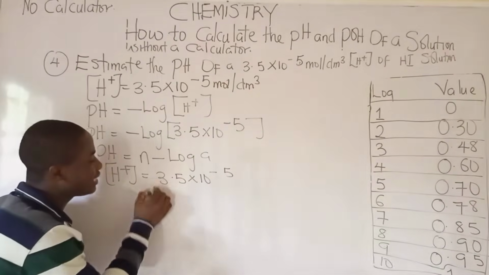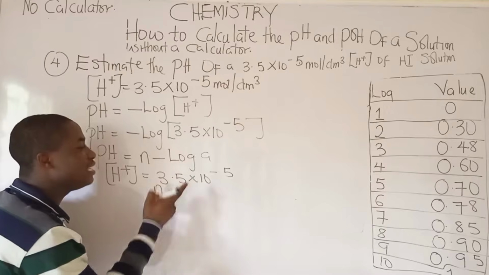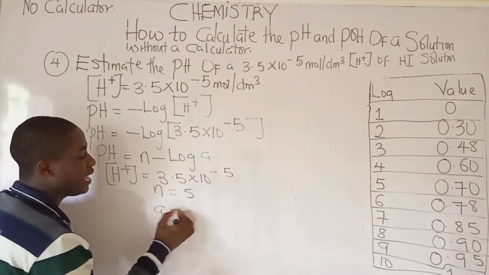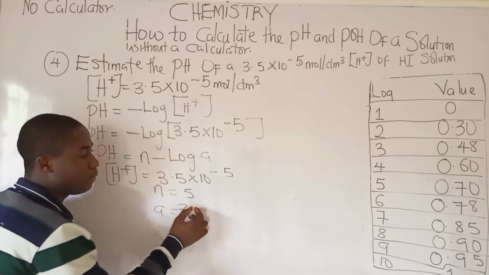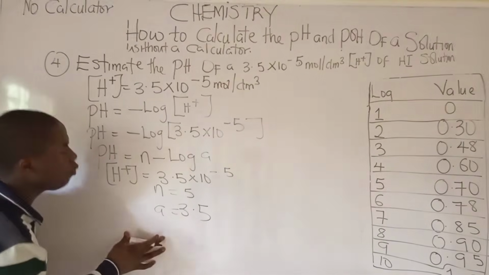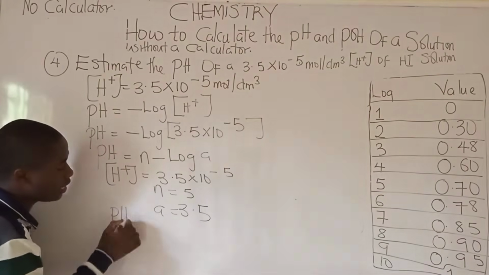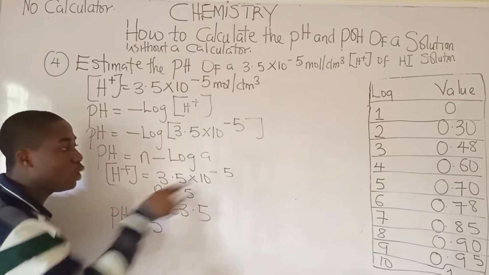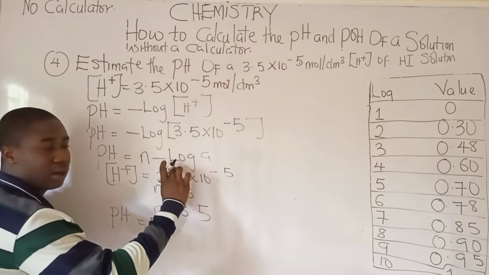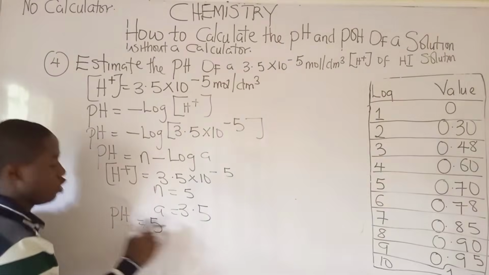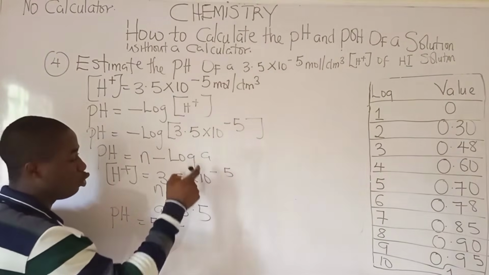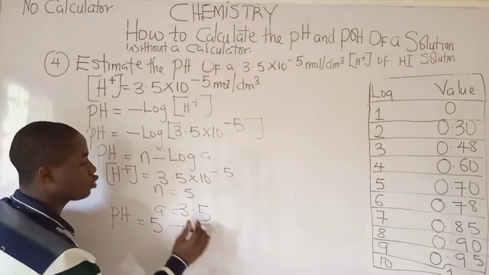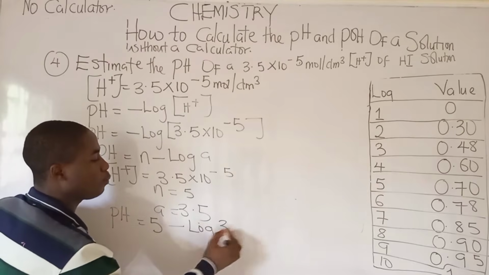The n is always the power, which is 5, and the a is the 3.5. So pH becomes 5 minus log 3.5.